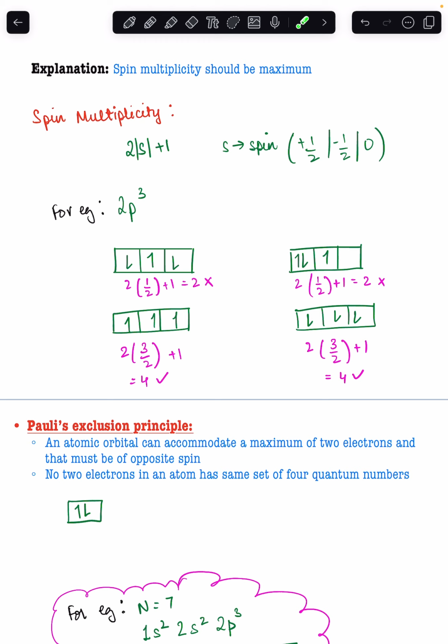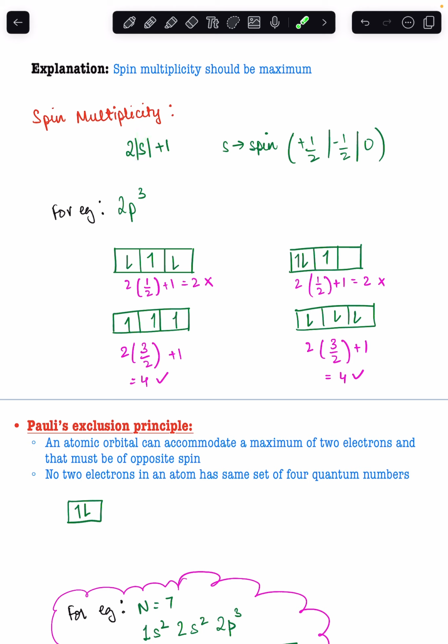When the electrons are paired up, you can say that one will be plus half and the second will be minus half, and then you can cancel them out. But when it is given like either this or this, you cannot say whether it is plus half or minus half. You can take any one, the answer will be the same because you have put the mod over here, right?